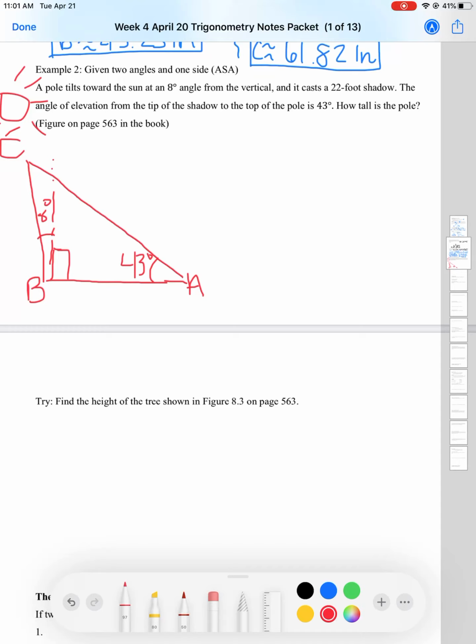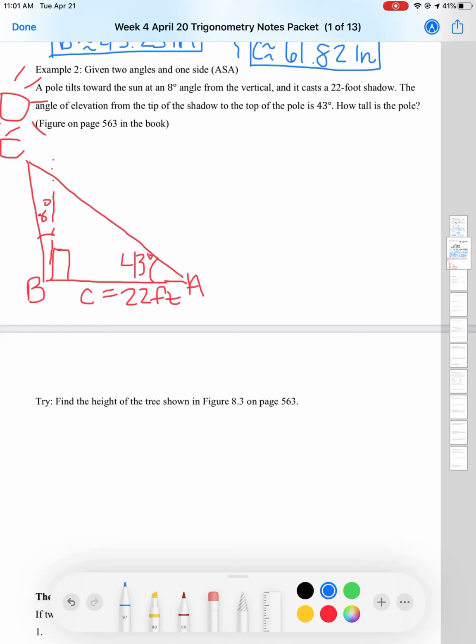The angle of elevation from the tip of the shadow to the top of the pole, we got that, casts a 22-foot shadow. So the shadow is going to be right here from B to A. That's going to be side C, so side C is going to be 22 feet. Now, we know angle B. This is getting really messy, I'm really sorry.